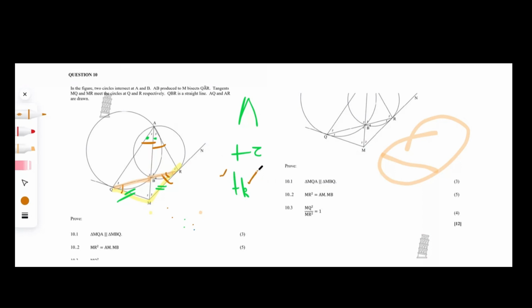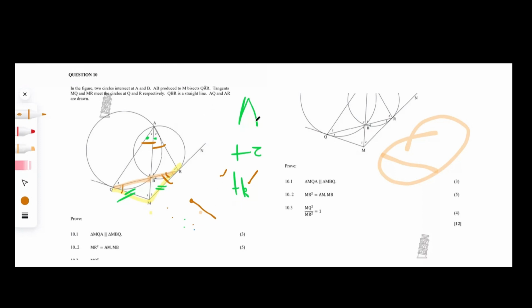However, we do not have a radius present. Why is that? Well, that's because we do not have a center present in the diagram. And if we do not have a center present, we cannot have a radius. Why? Because the very definition of a radius is a line that stems from the center and touches the circumference of the circle. So if you do not have a center, you can't have a radius present.